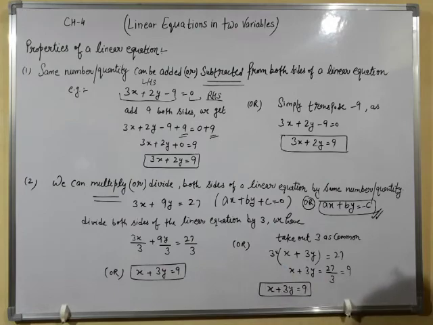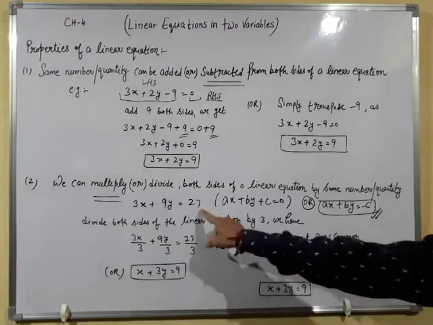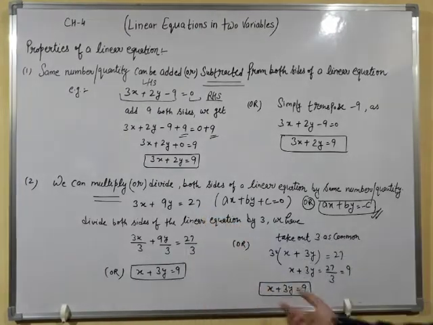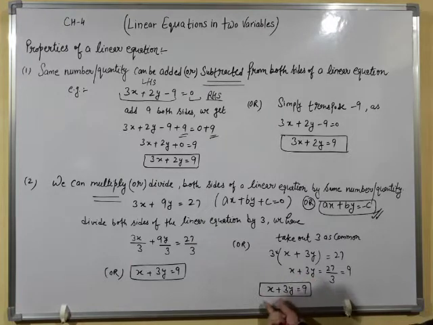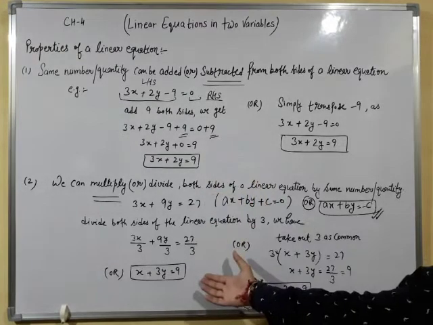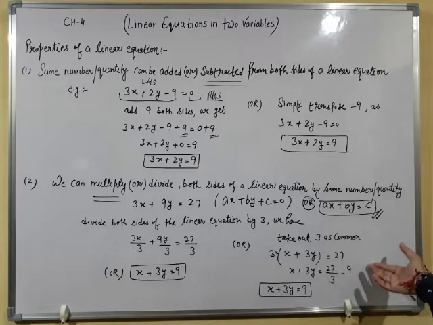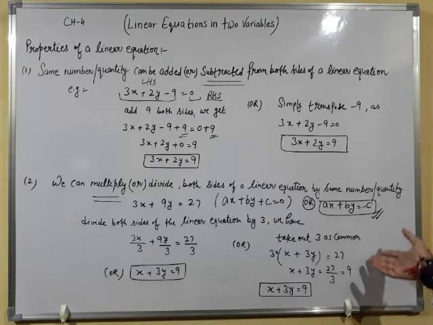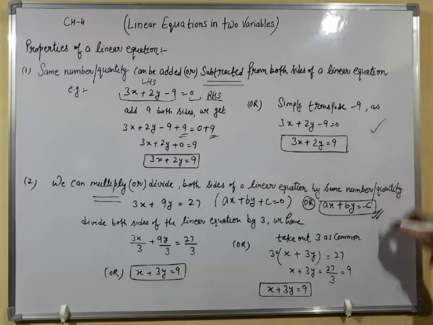That's why the equivalent form of this linear equation in two variables is x plus 3y is equal to 9. Both are the same. So either we can follow this property or we can follow our simple transposition rule, which we have studied in class 6, class 7 and class 8, and these are easy to do.